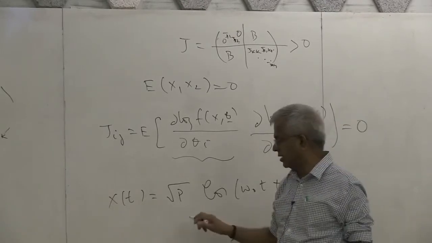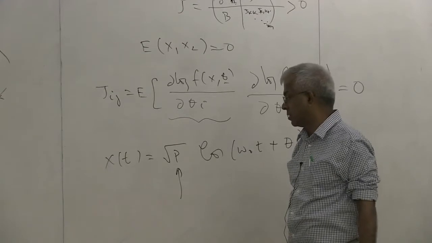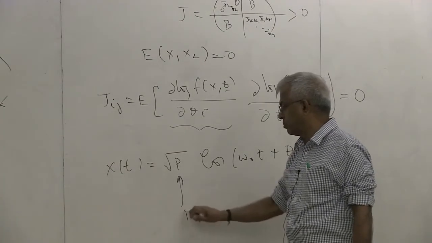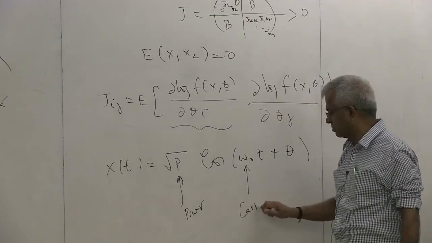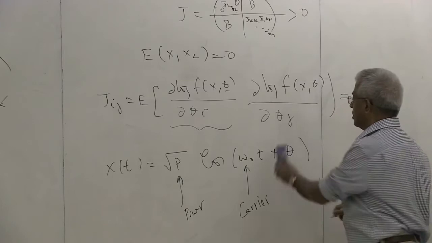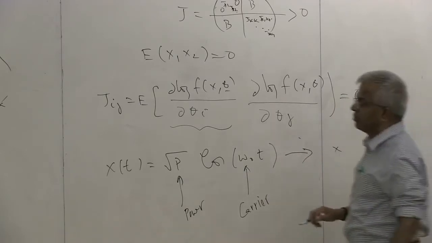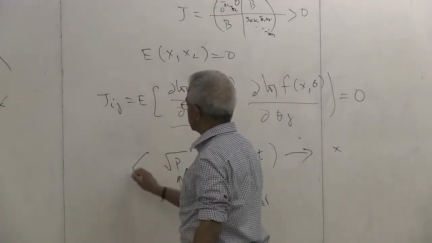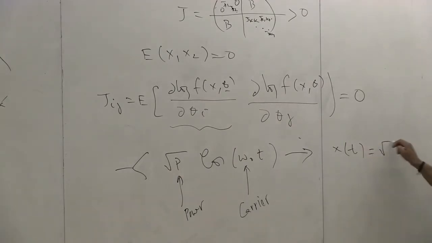P is of course the power, so you would like to know what power is being transmitted. And this, of course, is the carrier frequency. So this may be what you are transmitting. By the time you receive it, this happens.